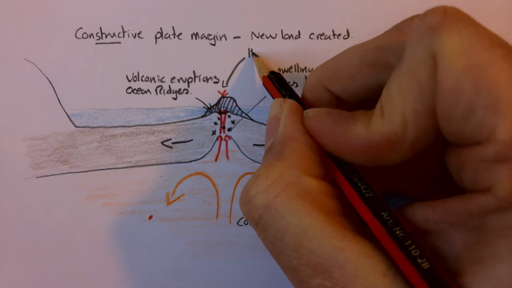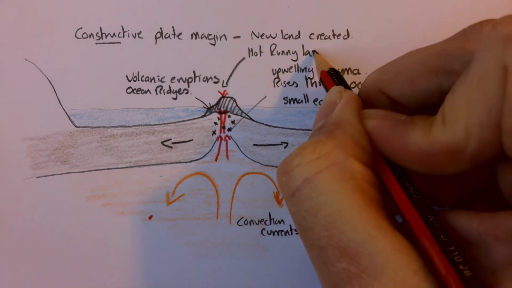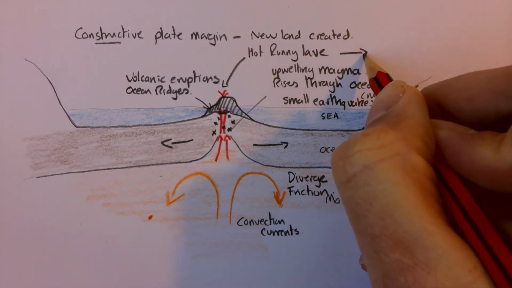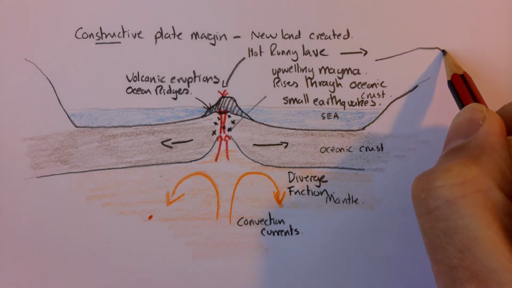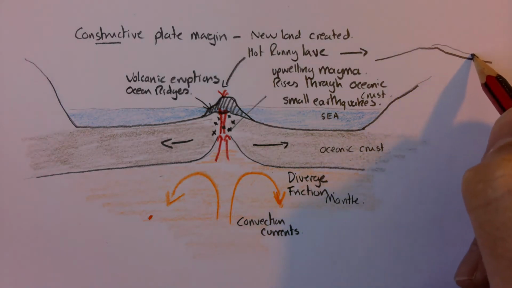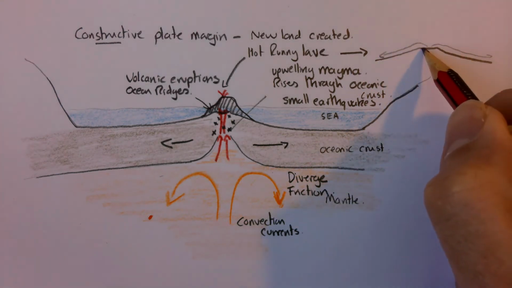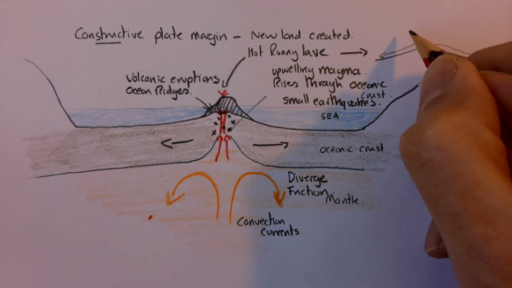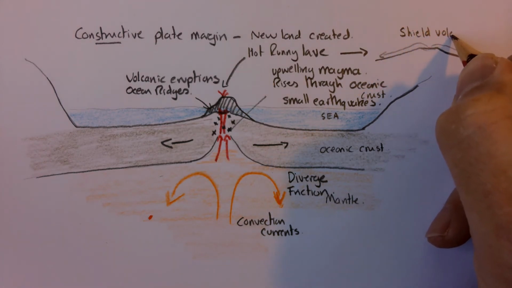So we have hot and runny lava, and this creates volcanoes that have nice shallow sloping sides and are quite wide as that runny lava moves a long way away from the volcano cone. And we call that kind of volcano a shield volcano.